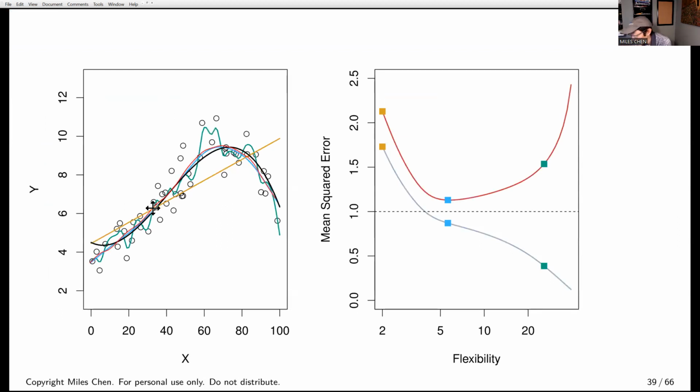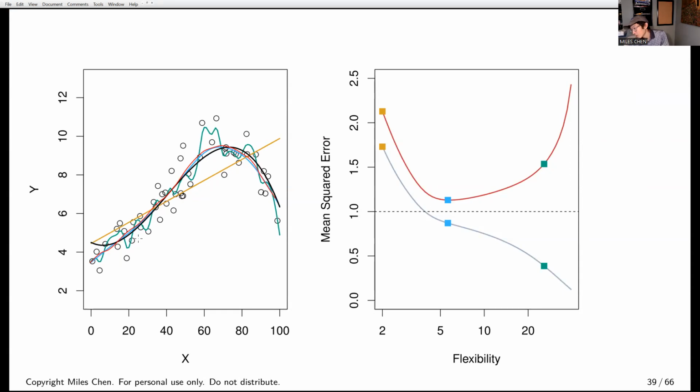Okay, I don't know if you can see that. So that red line, these are estimates. The black line is the true model. And then we have random data generated around the true model.